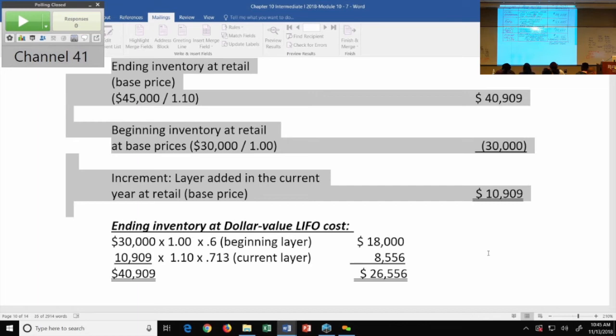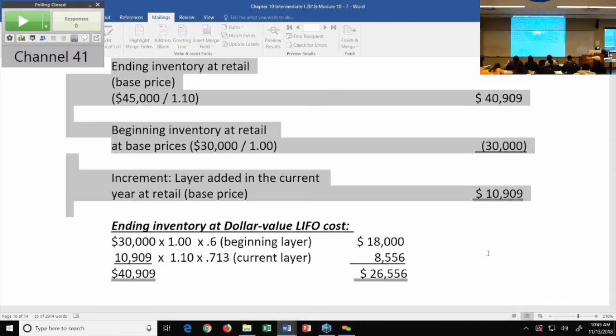Again, dollar value LIFO adds that extra step. You have to have them at base year, then you inflate them again, or you bring them up to current year, and then you take out, or get them from selling price to cost.